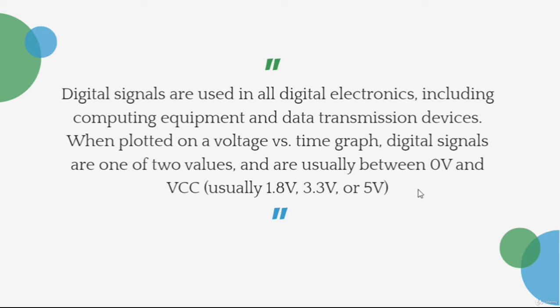So the value of the 0 is absolute 0 volts, which means that there isn't any voltage, and the 1 means the VCC, that there is a voltage, and this voltage is usually 1.8, 3.3, or 5 volts.